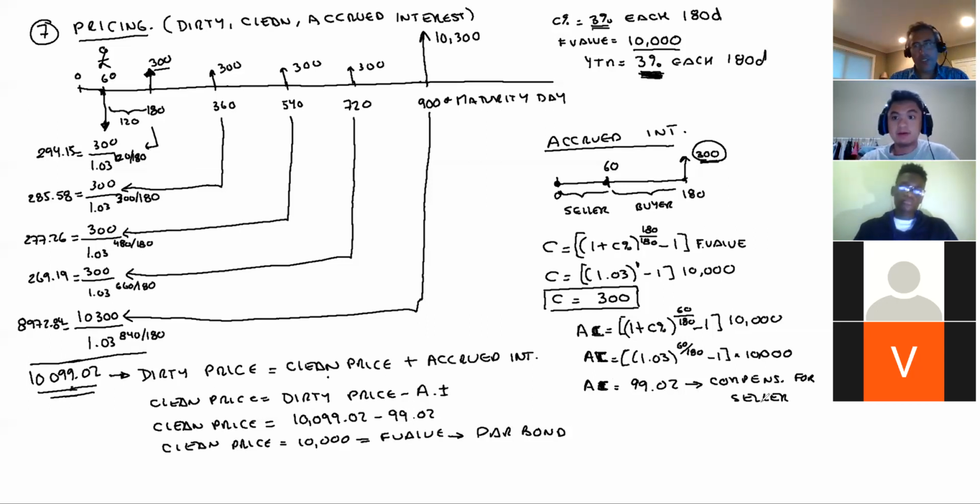Professor, the terms dirty and clean, this is just for this particular bond pricing, right? Because I remember when I was working before at First City, when we used dirty and clean, it meant different things.